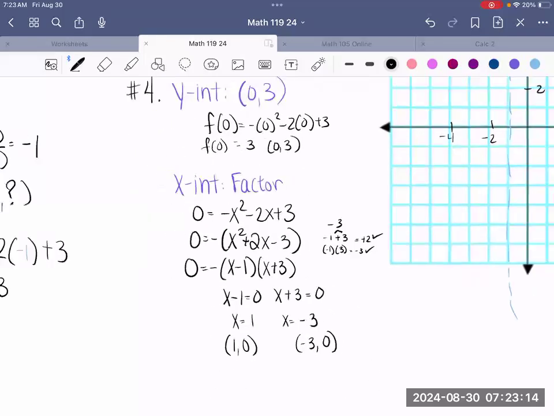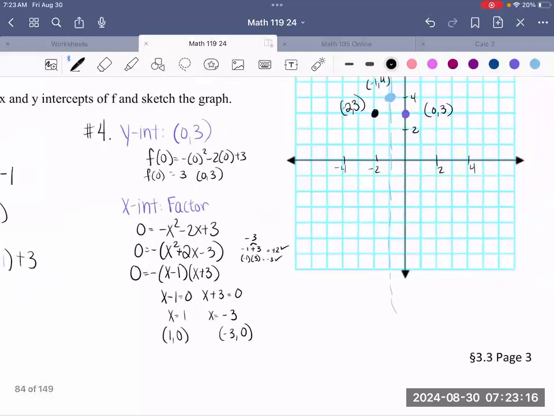So these are your x-intercepts, and we'll put those in maybe a color like this. So -3, 0 and 1, 0. Then we can go ahead and connect your dots because you do have all 5 points here. And if you wanted to, you can go ahead and write what points that these are.